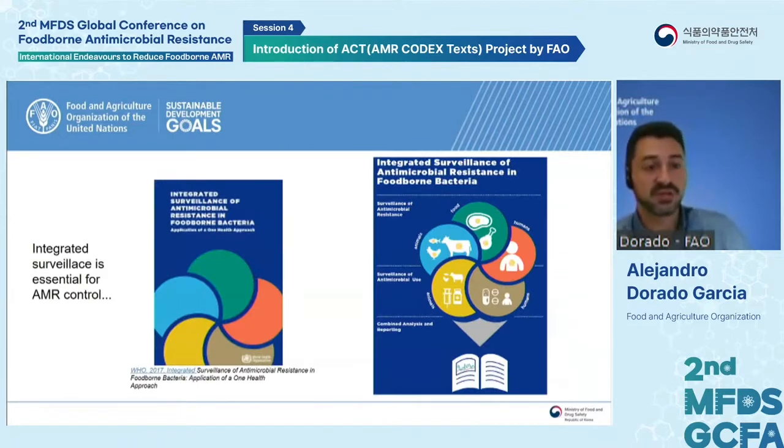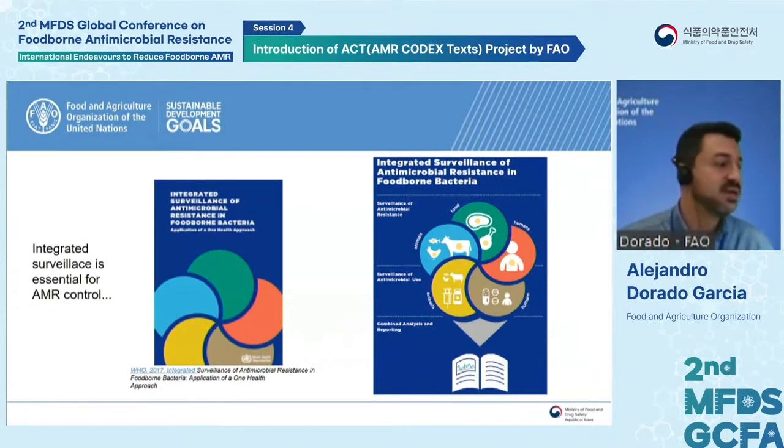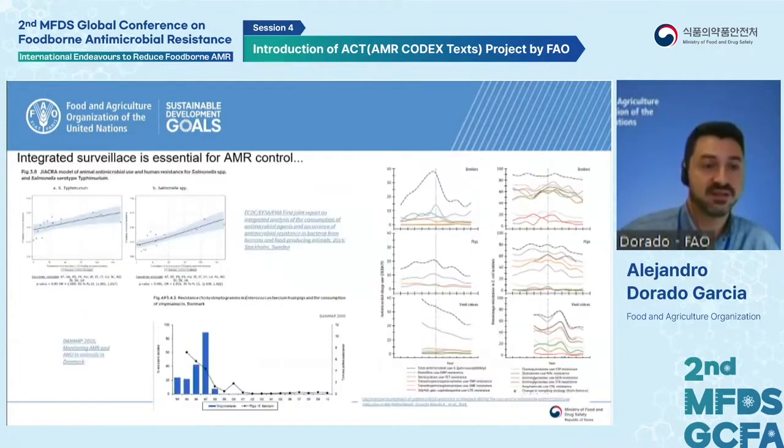There's international recognition that integrated surveillance is an essential tool for generating evidence. This recognition comes from several years ago, for example, with the publication of the guidelines for integrated surveillance from the AGISAR group from WHO. But there are also several international experiences, different countries doing integrated surveillance.